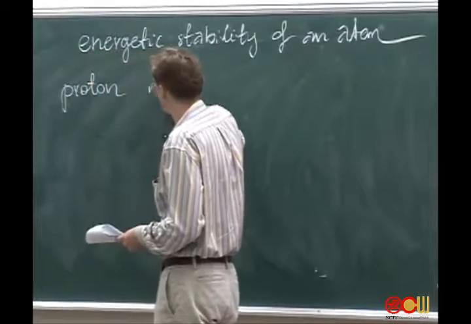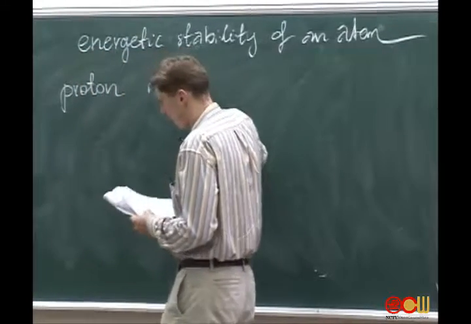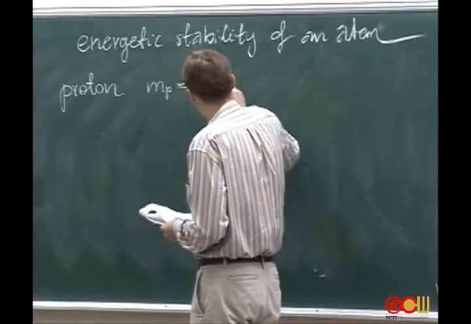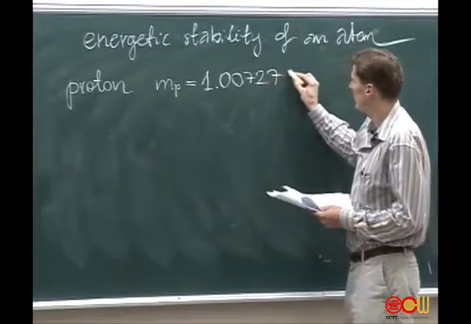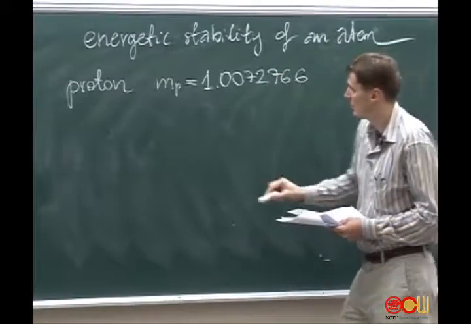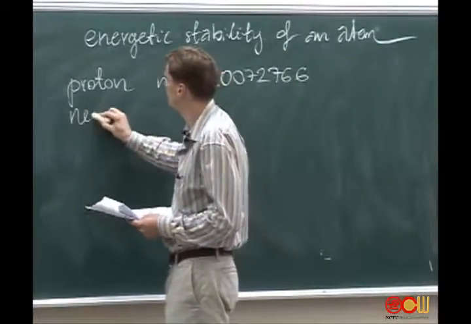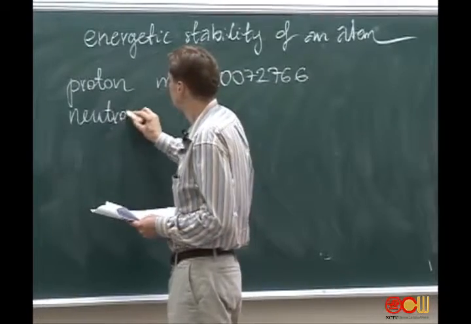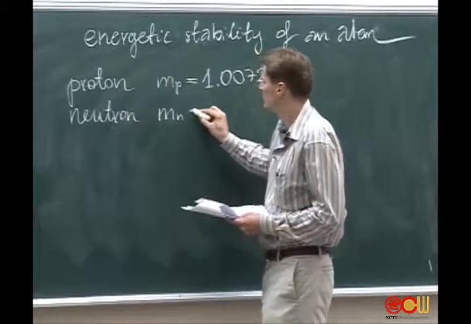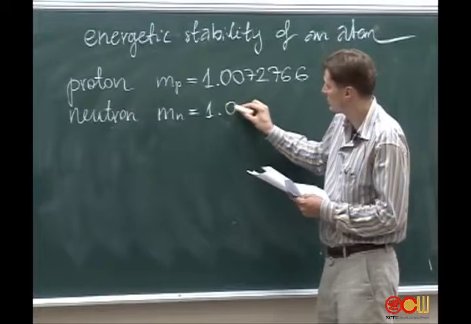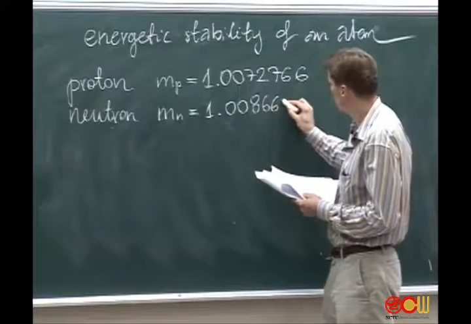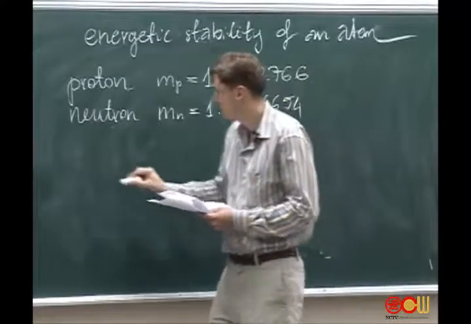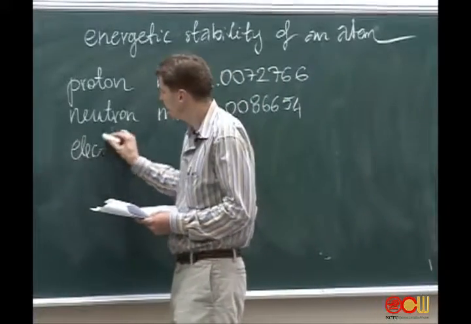The mass of the proton is equal to 1.0072766. Mass of the neutron is equal to 1.0086654. Mass of the electron is equal to 0.0021944.